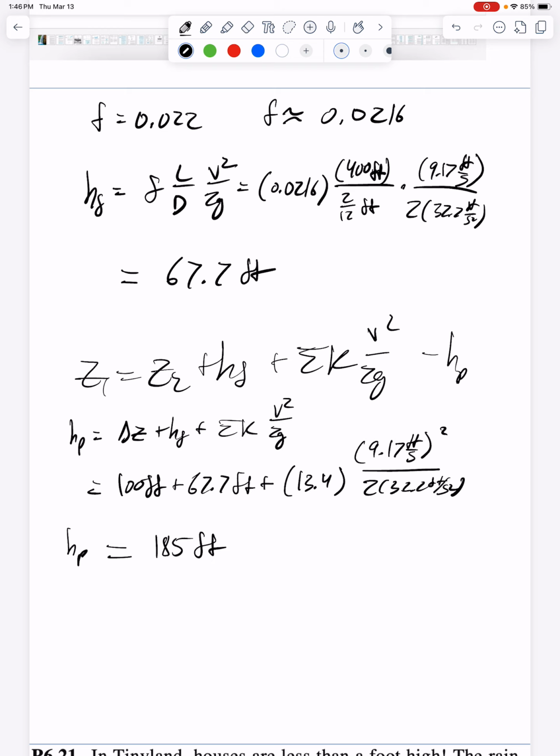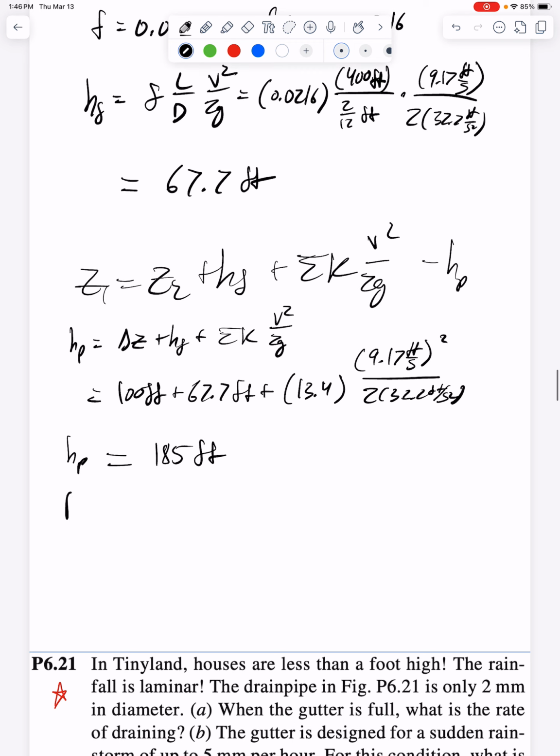That's like the fluid column height associated with the pump. To convert this to power, the power of the pump equals gamma, the specific weight, times Q times hp. Gamma is rho times g.